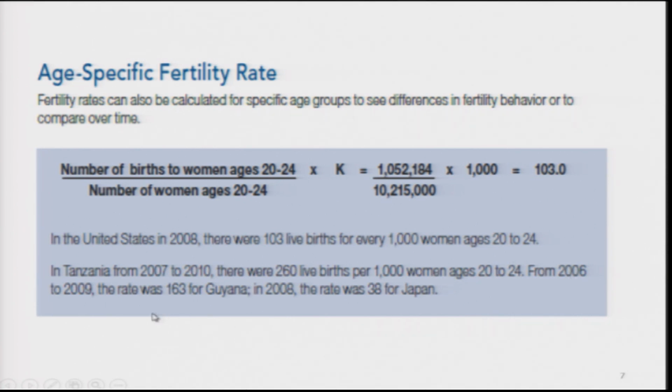From 2006 to 2009, the rate was 163 for Guyana. In 2008, the rate was only 38 for Japan. In the age group 20 to 24, Japanese women have such low fertility that among 1000 women of this age group, only 38 produce a child.